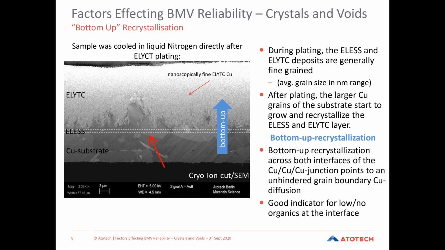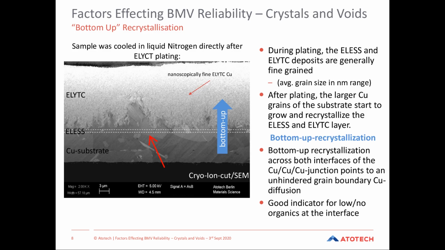You can also see that above that is the electrolytic layer, and the grain has continued to pass through that. So the recrystallization wave, or the diffusion front, I guess, starts in the substrate, comes through the electroless layer, and then passes into the electrolytic layer. This is why we've termed it bottom-up recrystallization, because each layer takes the crystal structure from the one underneath it.